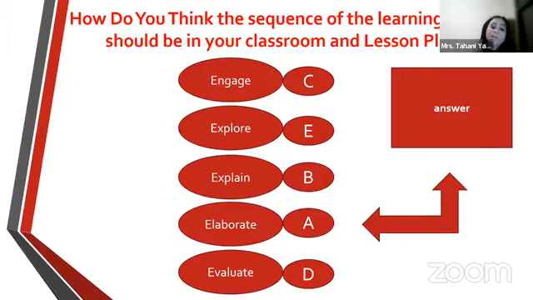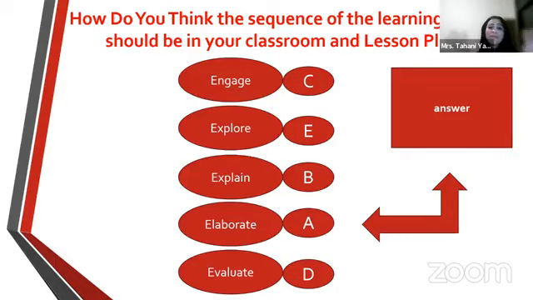So here now we're elaborating, and this is what Mrs. Ruwaida and I were talking about: in the elaborate part, some books and websites do not call it elaborate, they call it extend, because in this part the student applies what you explained and extends the knowledge to different circumstances.